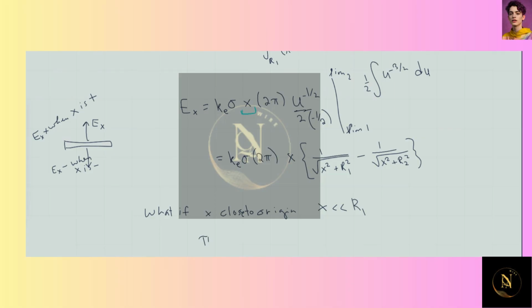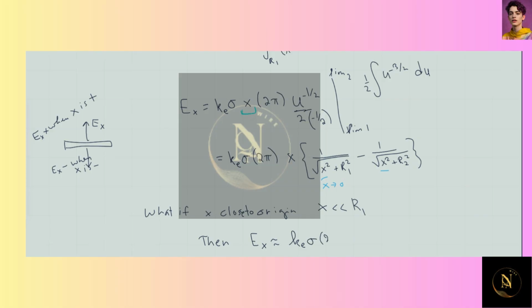Then Ex is approximately, we can forget about the x in the square roots. These are so small that you can set them equal to 0. There are other ways that you can maybe approximate this a little bit better, but for now, the simplest approximation is to drop those.